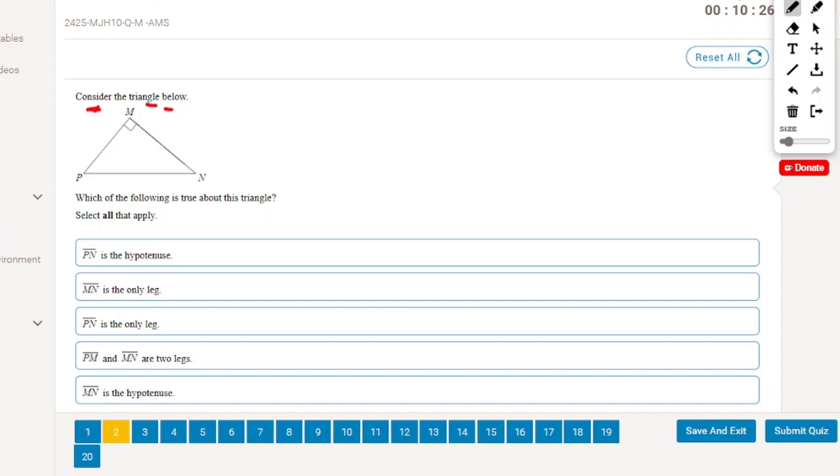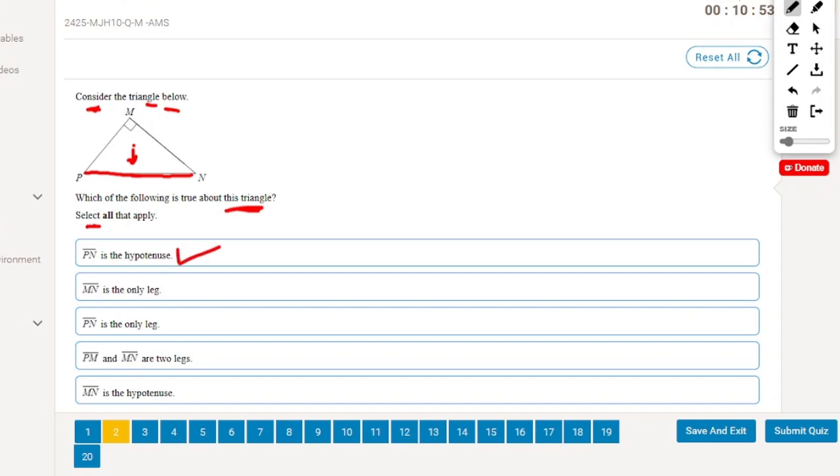Consider the triangle below. I have the triangle PMN. Which of the following is true about this triangle? Select all that apply. Side PN is the hypotenuse. Yes, this side is opposite to the right angle, so it will be the hypotenuse.